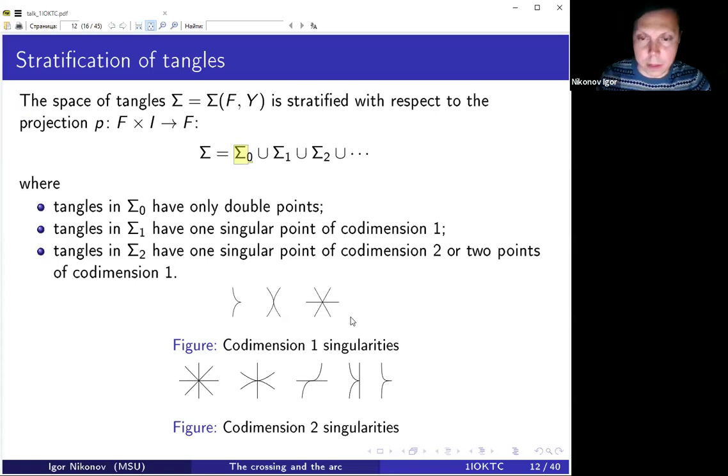And then the second stratum includes singular points of codimension 2. There are 5 singular points of codimension 2, or maybe it may include 2 different points of codimension 1.